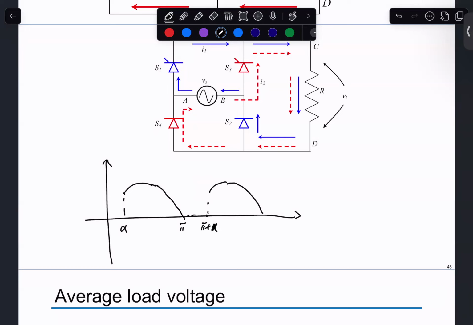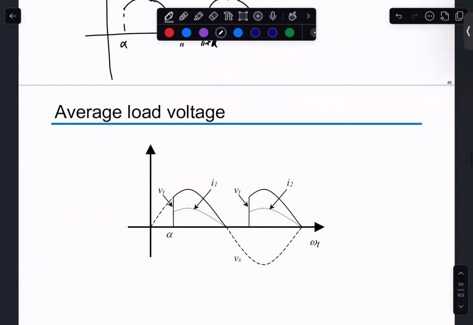Okay. So as before, you would basically take the controlled half-wave rectifier and just have this done twice. The average load voltage is just 2 times what we had before. Before we computed the average load voltage for one piece, now I have two pieces.